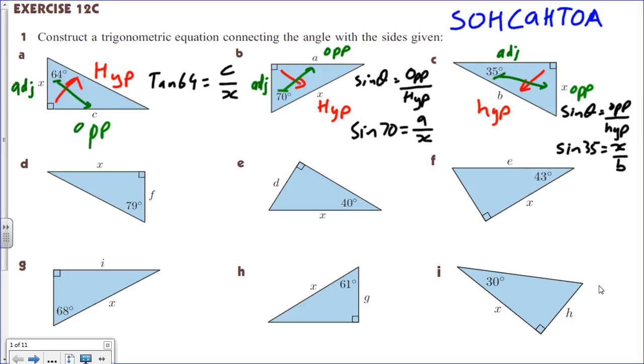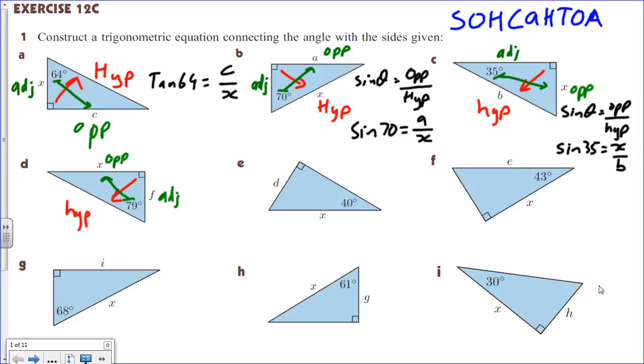Part D. Again, first thing I look at is which side is my opposite side. So we go there, opposite. So that's going to be my hypotenuse, so it's opposite my right angle. Then I look at my angle and say which side's opposite that. So it's going to be my opposite side. And the side next to it is going to be my adjacent.